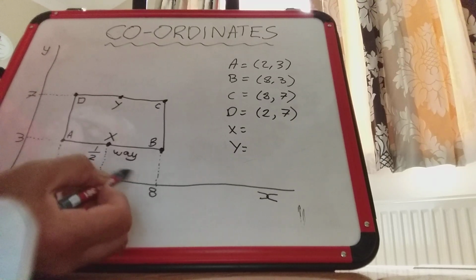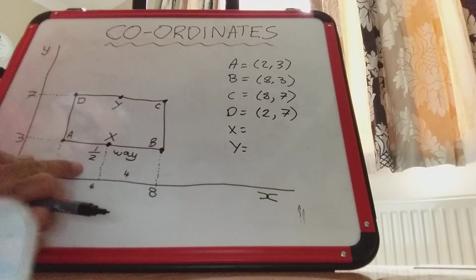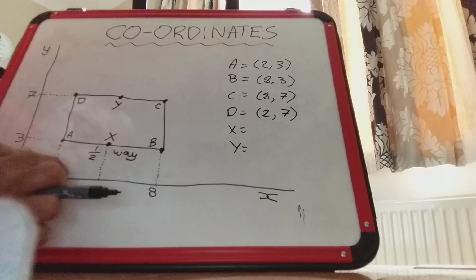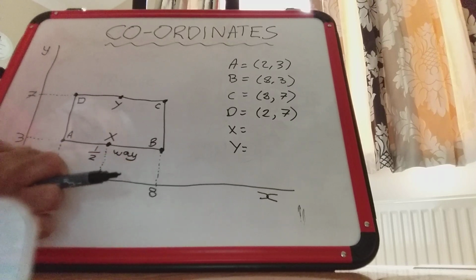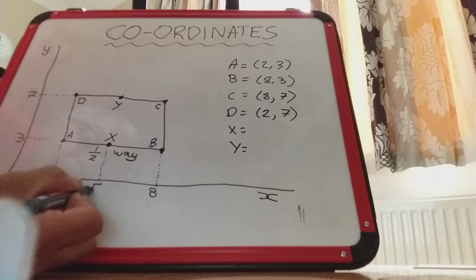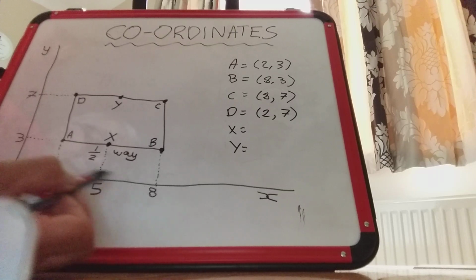But from 4 to 8, that's 4 spaces. So that's wrong. It can't possibly be at position 4. And what I'm sure you're all shouting at me now is that this must be 5, because 5 is midway between 2 and 8.